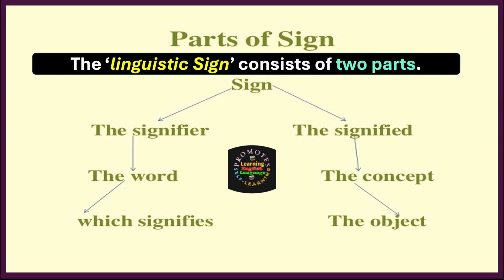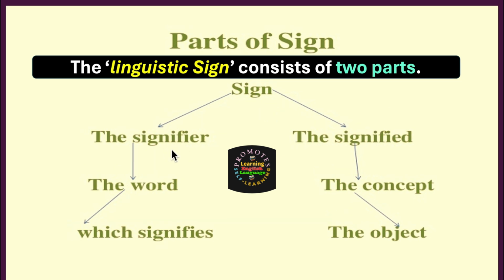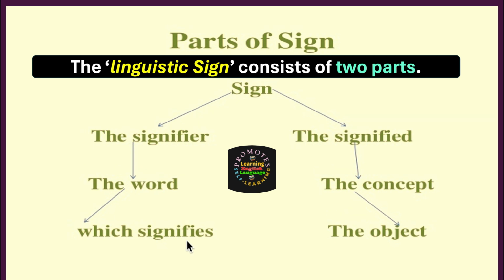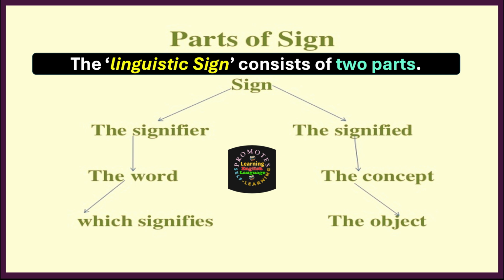Parts of the sign: as we know, the linguistic sign basically consists of two parts. We have the signifier, which is the word which signifies. Then we have the signified, that is to say the concept, the mental image, in other words the object.